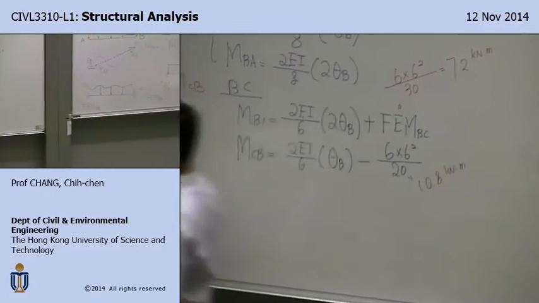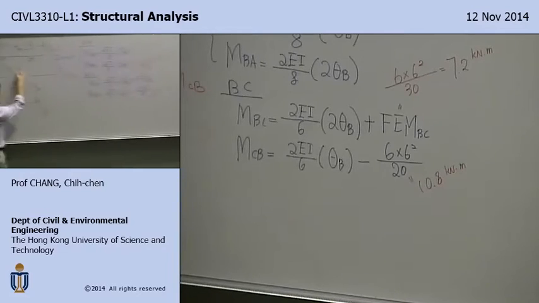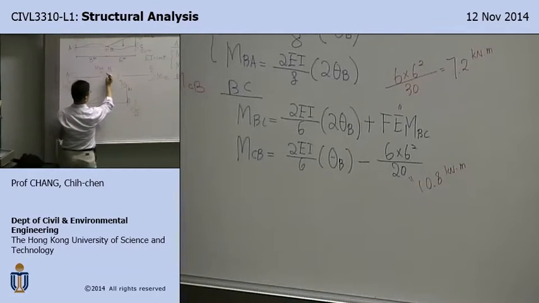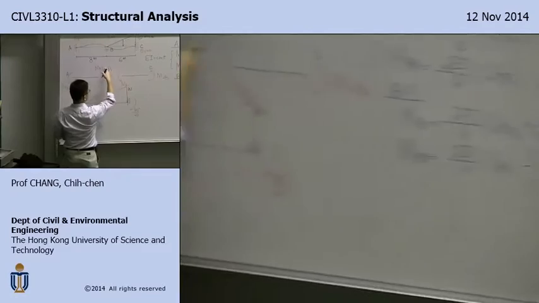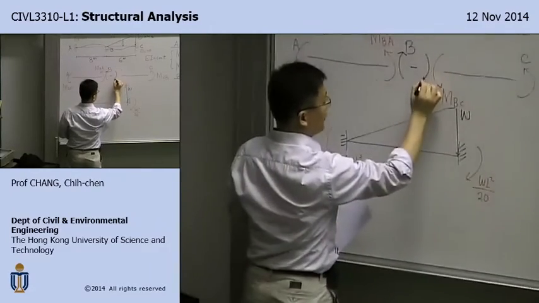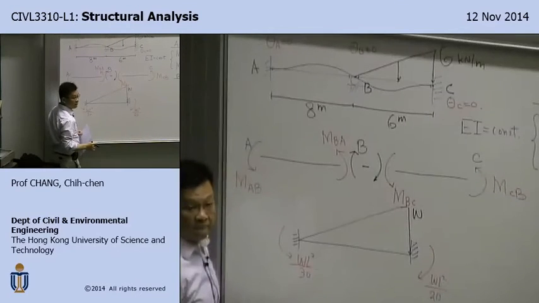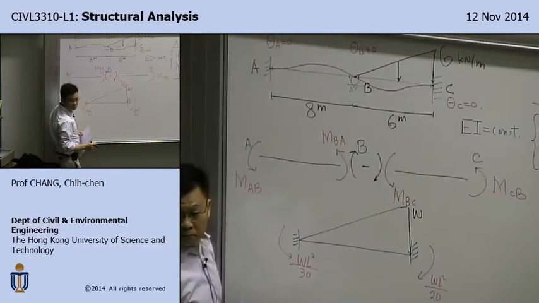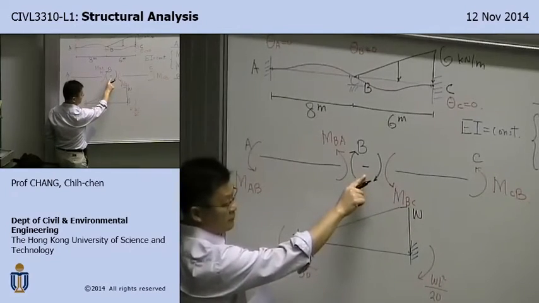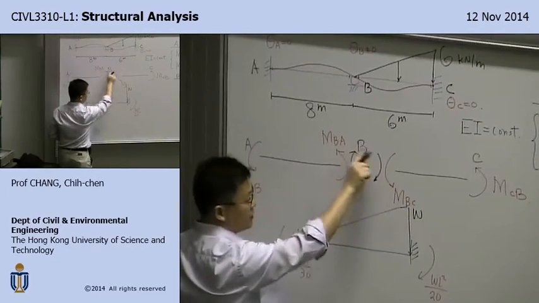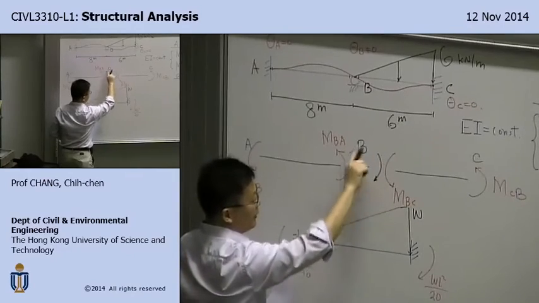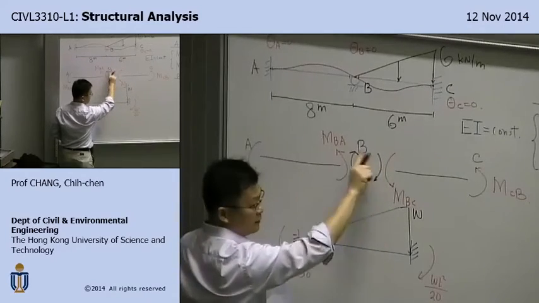Now, I go to node B. Action reactions: this is MBA, and this is MBC. I go to joint B, exercise my action reactions, and they should have a moment equilibrium there.